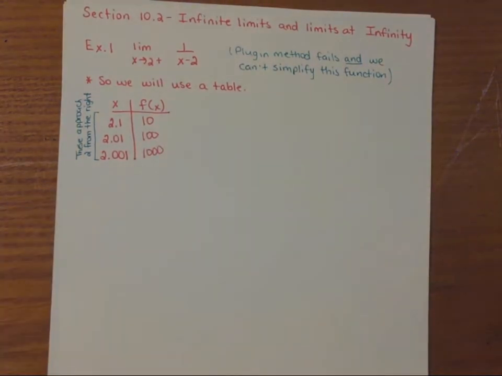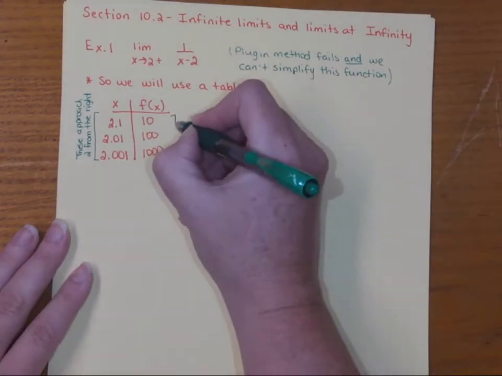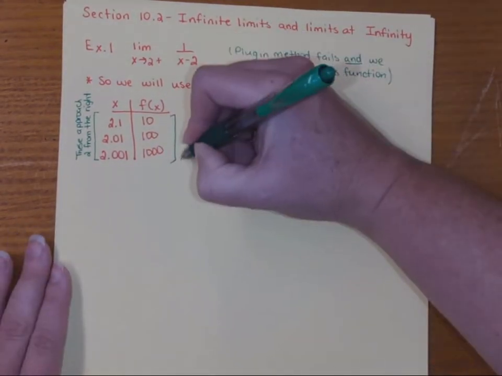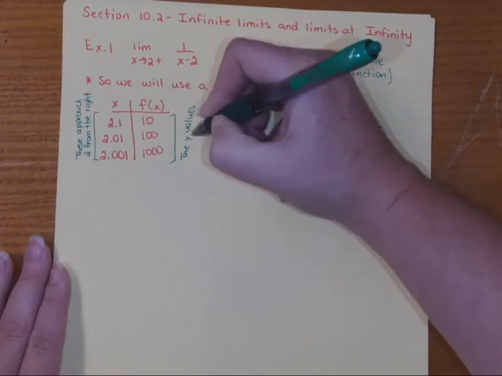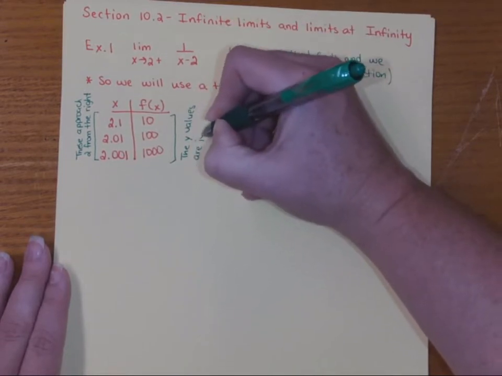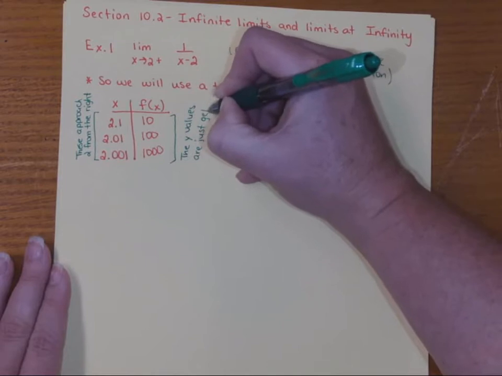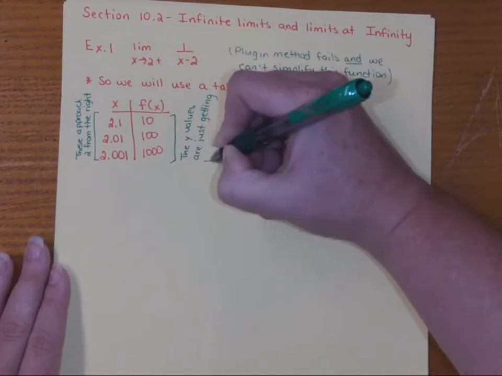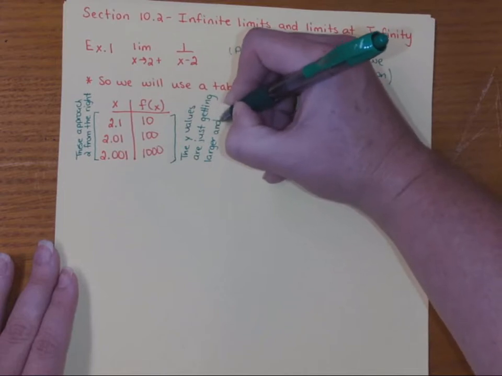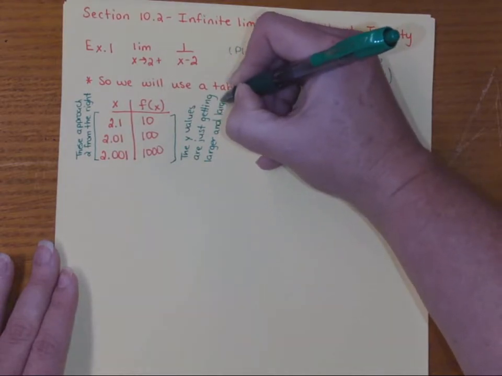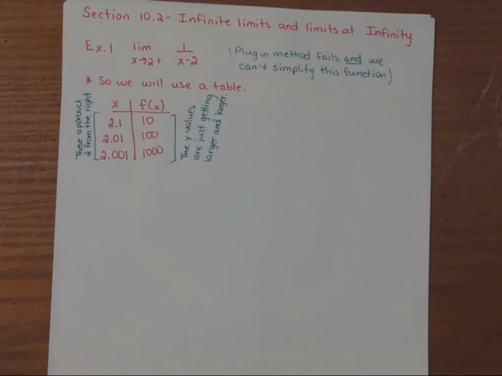So our point, remember, with limits is to find out what y is doing as x does something. So if we're looking at the pattern here, notice I can't really say they're getting close to anything like we did last time, right? The y values are just getting larger. And if we continued to make x closer and closer to 2, these would get still larger and larger.